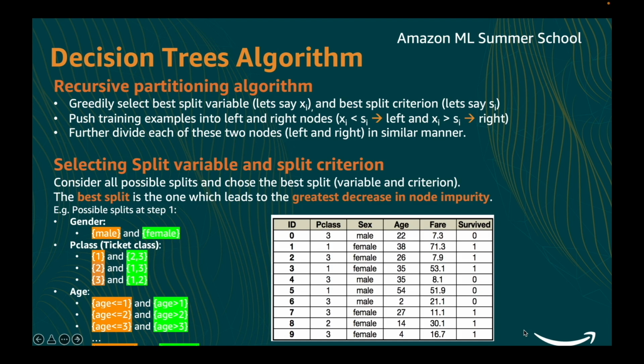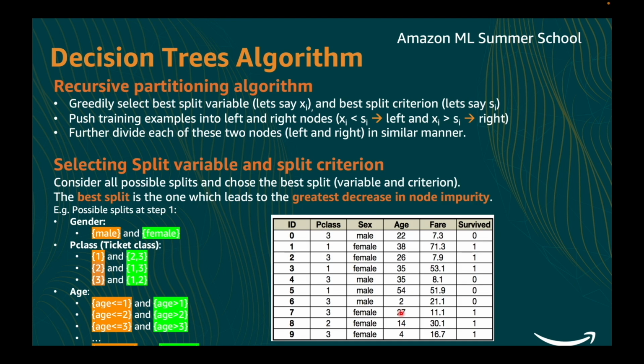So let's look at the different kinds of split criteria you might have. Let's say for this data set, we want to build the very first node for this decision tree. We have a variety of split criteria available to us.